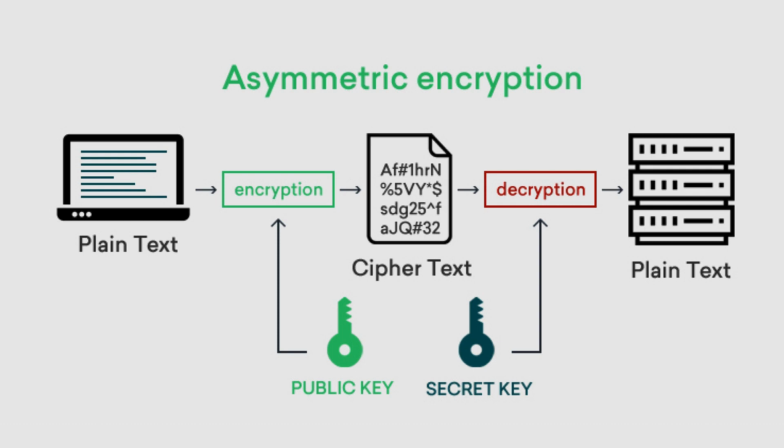For two parties to successfully communicate with each other using asymmetric encryption, there need to be two key pairs. The party that sends the data always encrypts using the public key of the receiver, but they must never encrypt the data using their secret key.